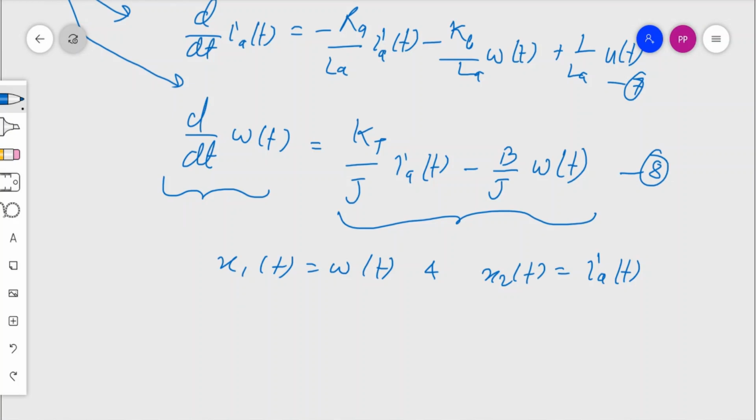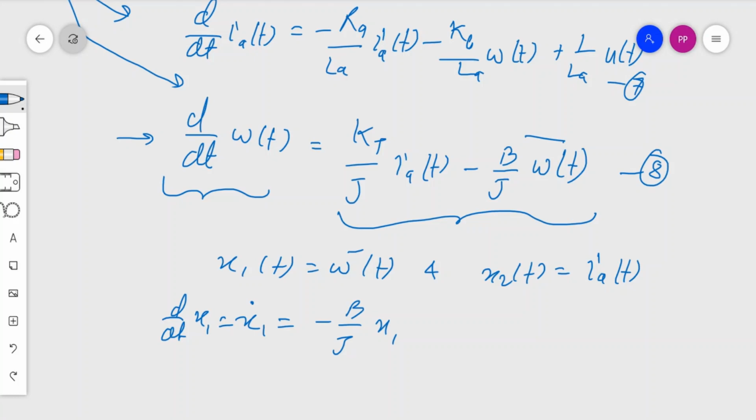So now we can write this. x1 dot, d by dt of x1, equals, when omega is x1, so I have to take care, it should come first, minus b by J of x1 plus Kt by J of x2.